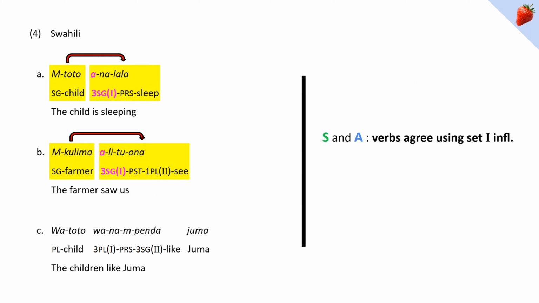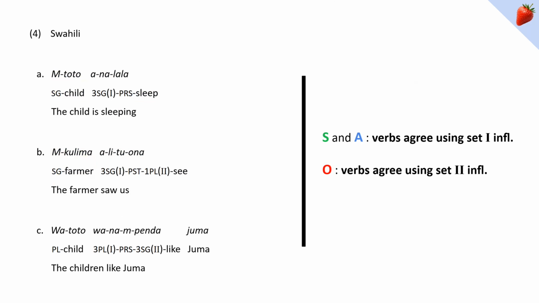When it comes to O arguments, however, we notice something a bit different. Verbs do indeed agree with their O arguments, but whereas agreement with S and A involved the use of set 1 inflections, agreement with O involves the use of inflections from set 2. This is exactly what we observe in 4c. Here, the verb like takes a set 2 inflection to agree with its O argument, Juma.